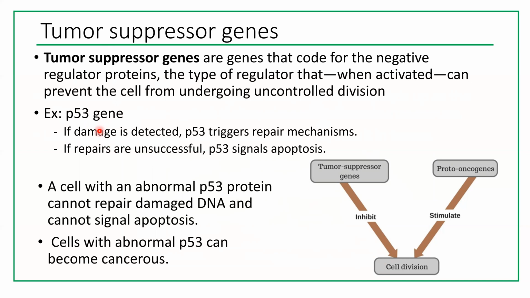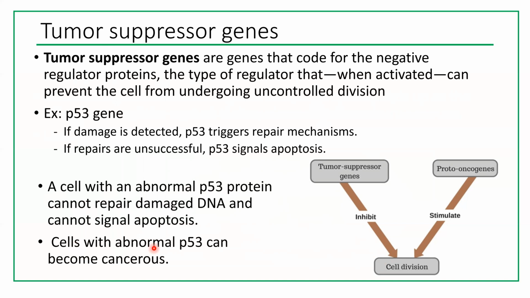What the p53 gene does is, if damage is detected, p53 triggers a repair mechanism. If repair is unsuccessful, p53 signals apoptosis, so the cell dies. A cell with an abnormal p53 protein cannot repair damaged DNA and cannot signal apoptosis.